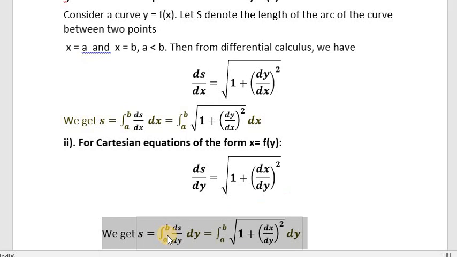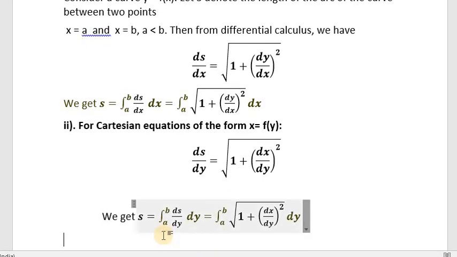Now in this case, s is equal to integral a to b ds by dy into dy. Now ds by dy is equal to root of 1 plus dx by dy whole square. Let us substitute that in this equation. So we get integral a to b square root of 1 plus dx by dy whole square into dy.